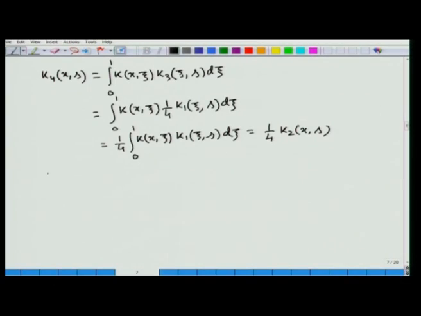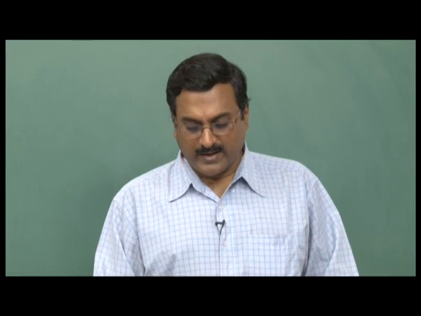Similarly, if you calculate k5(x,s), this will be equal to the integral from 0 to 1 of k(x,ξ) k4(ξ,s) dξ. Now, k4(x,s) is equal to 1/4 k2(x,s).